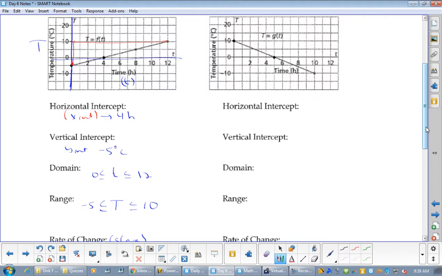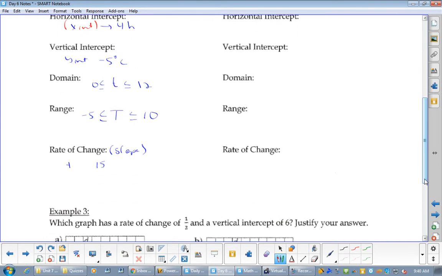I'm getting 12. Look at your units here, guys. Don't count the number of squares. It's not always the number of squares if the units are 5 every square. You have to actually look at the scale. So it'd be positive 15 over 12. Now, that's positive 15 degrees Celsius over 12 hours.